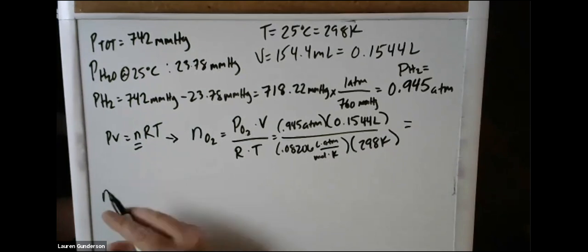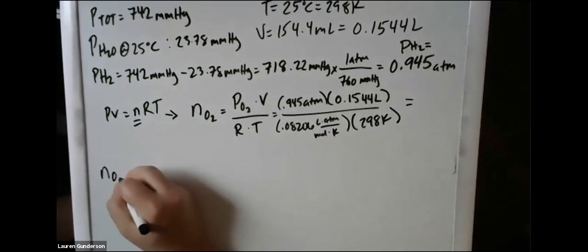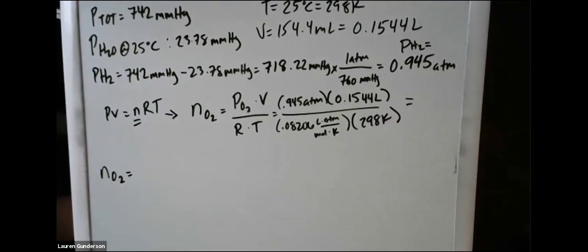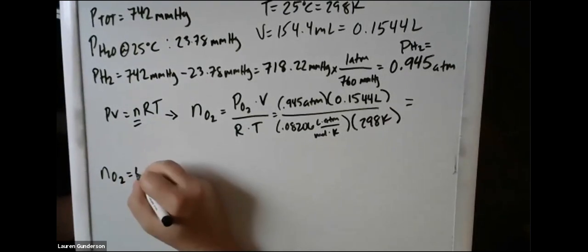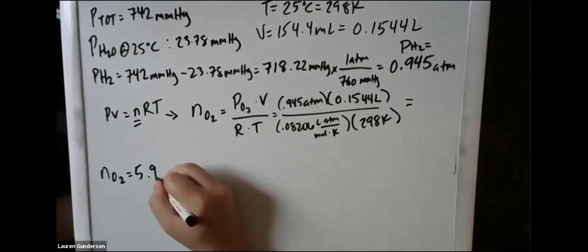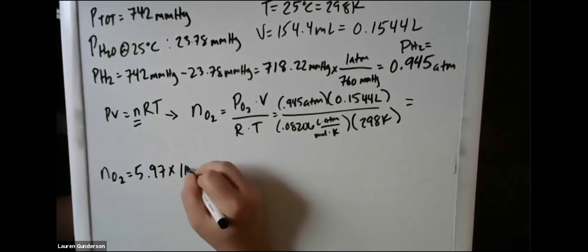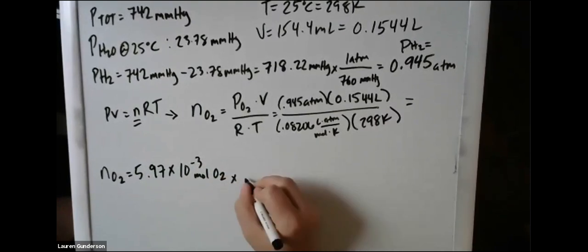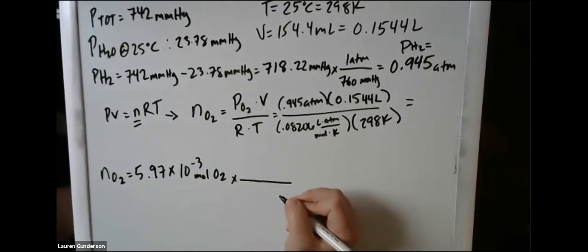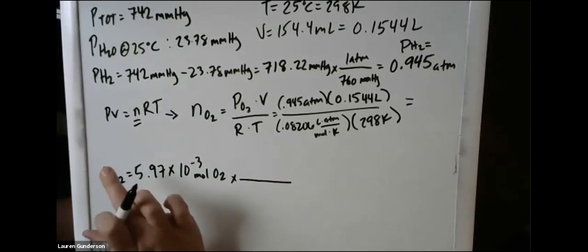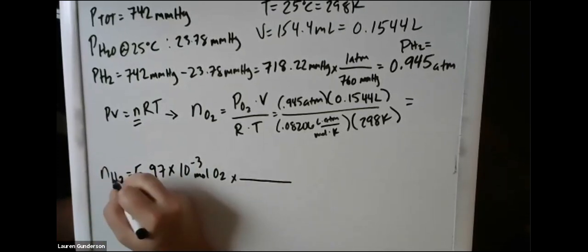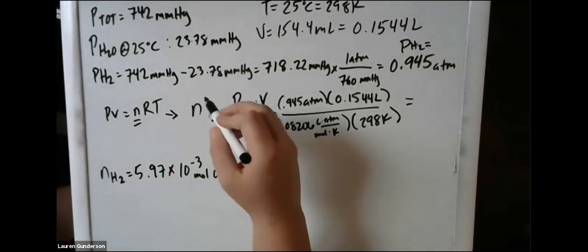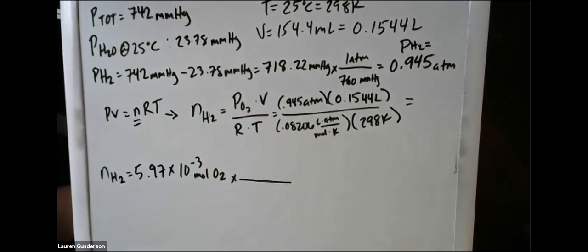Okay, so the moles of our hydrogen gas are going to equal 5.97 times 10 to the negative 3. And we want to calculate this value in terms of milligrams, not just grams.